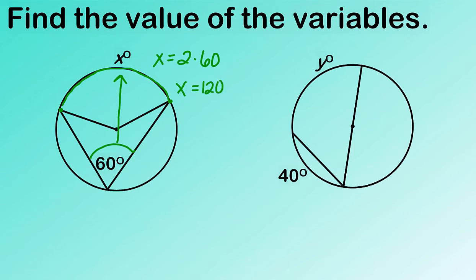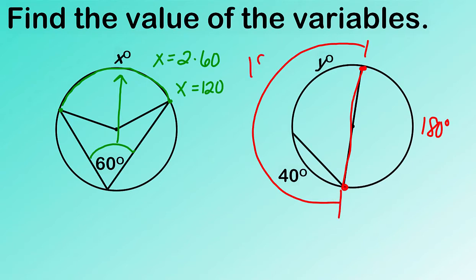For this next example, I want to remember that a diameter cuts a circle in half. So I have 180 degrees over here and 180 degrees on the other side. So I know that y plus 40 is equal to 180. That means y is equal to 140.